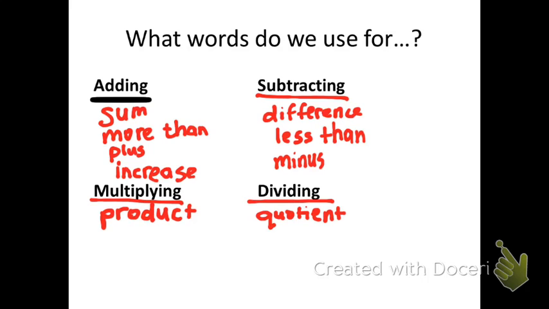Product. We could use the word times for multiply. And for dividing, you could use, I would even say into. Now, these aren't the only words that would imply these different types of operations in math, but they are definitely indicators and helpful for the problems you'll need to do.